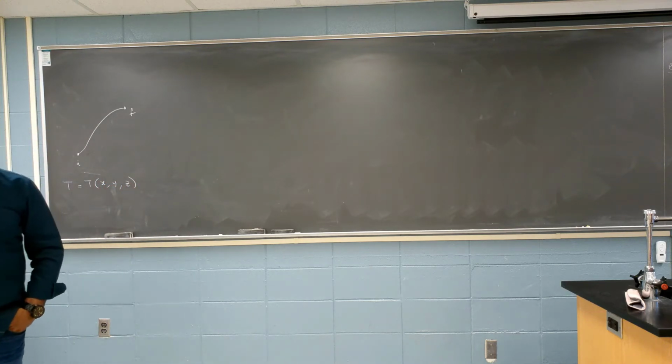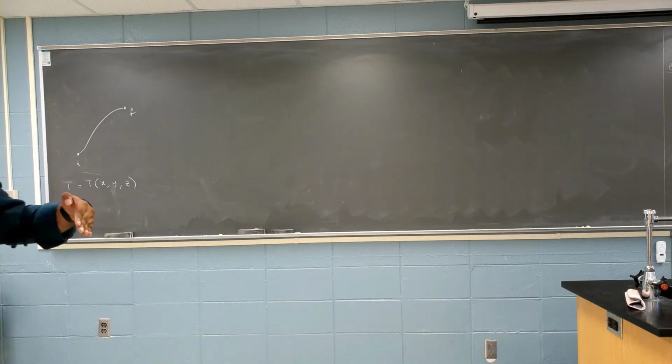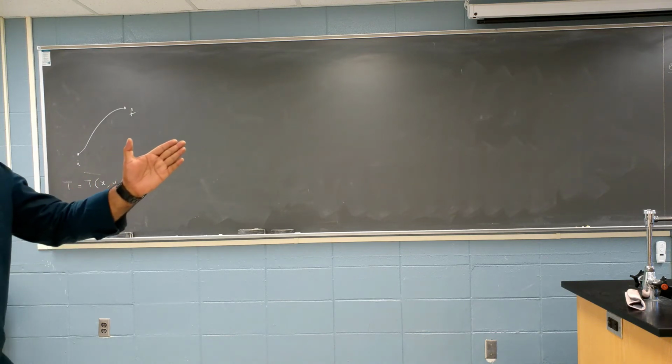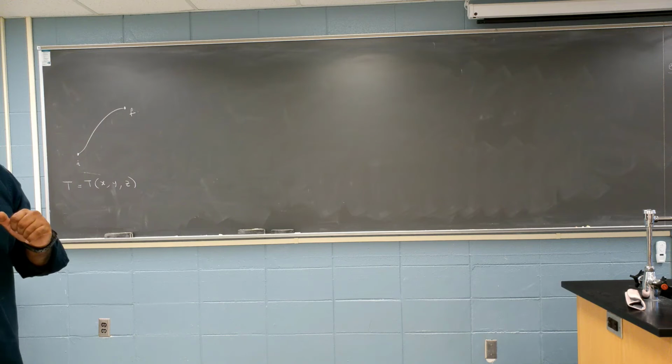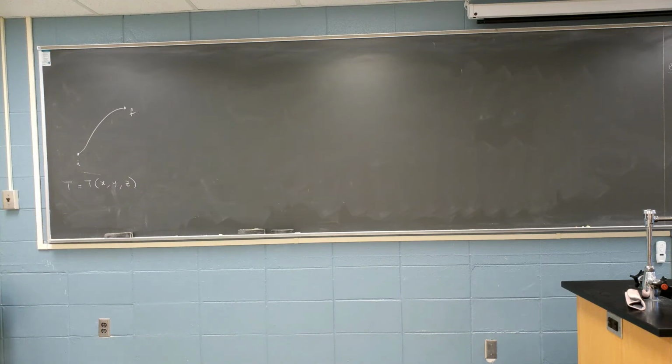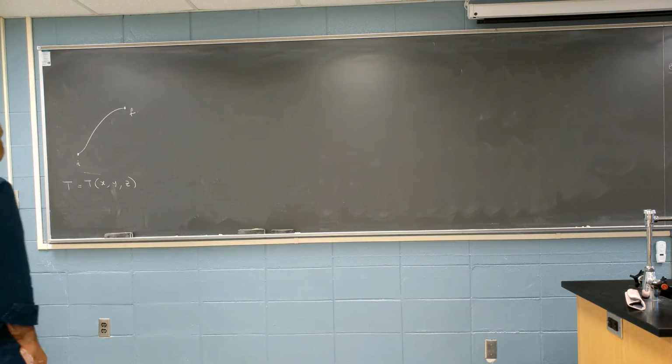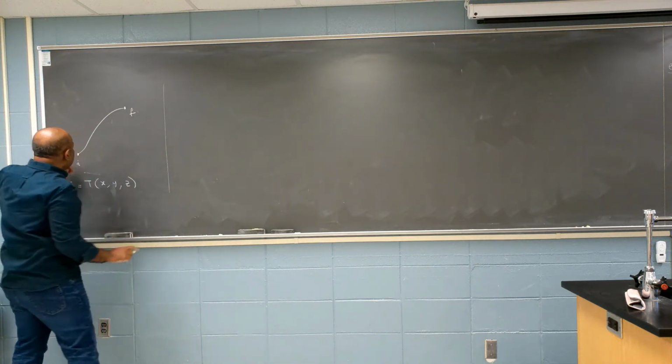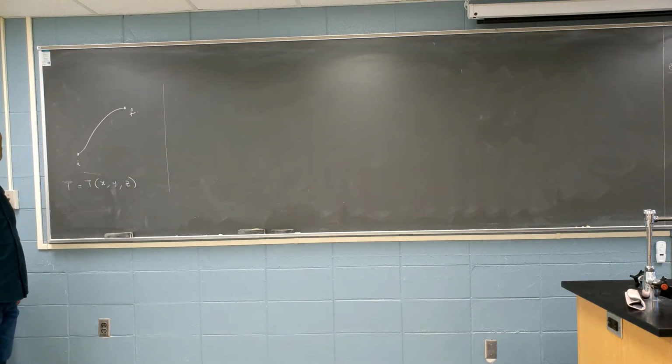What I would like to know is as I go through the curve, as I go through a path, how does the value of t change? Okay? Now, how do I describe a curve?